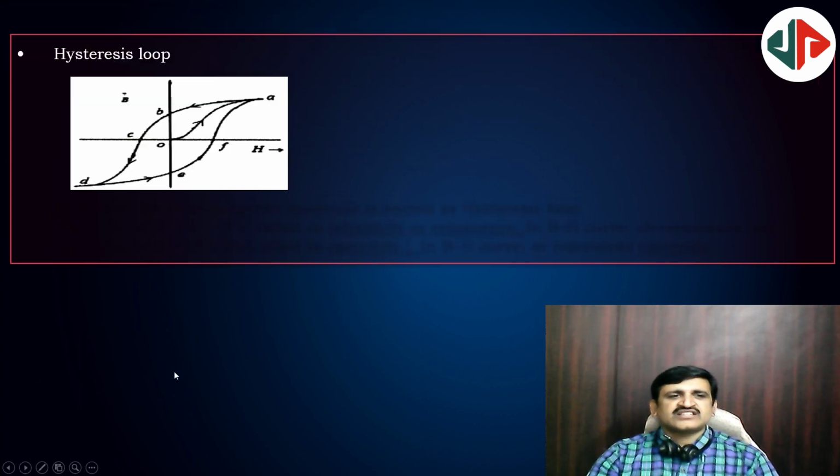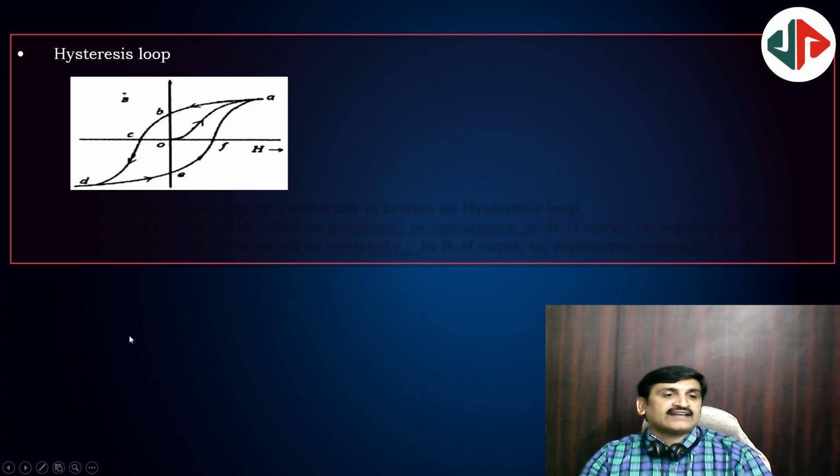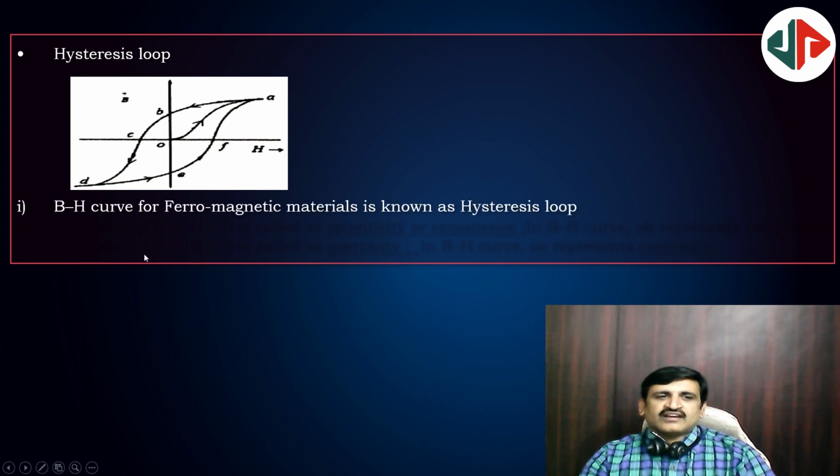Next, hysteresis loop. If you apply a magnetic field to a material, it may not magnetize immediately. It maintains a lag. The lag, or lagging behind, of I behind H is known as hysteresis. And this is a BH curve or IH curve.